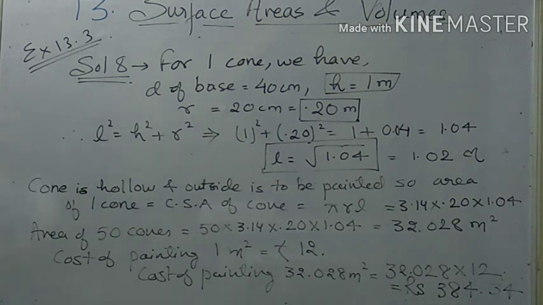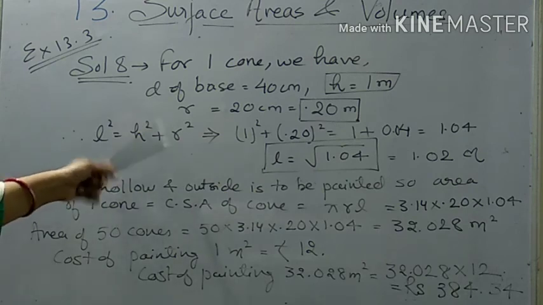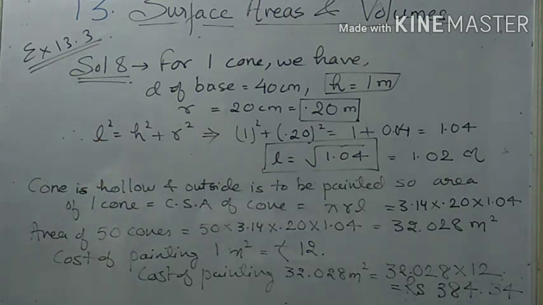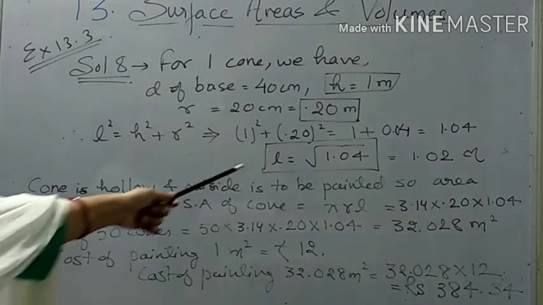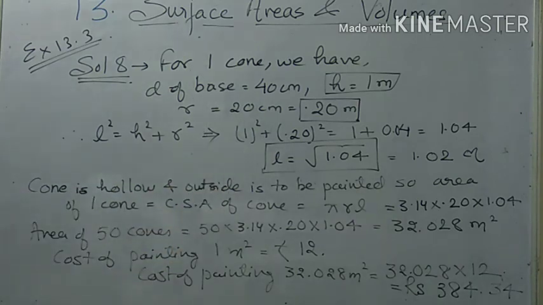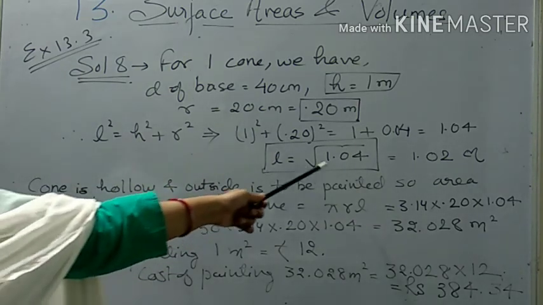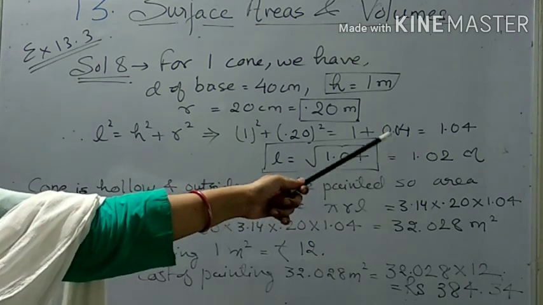And the slant height, we will calculate with the help of the formula L square equal to H square plus R square, which gives L square equal to 1.04. Thus, L is equal to under root 1.04. And the value of under root 1.04 is 1.02.